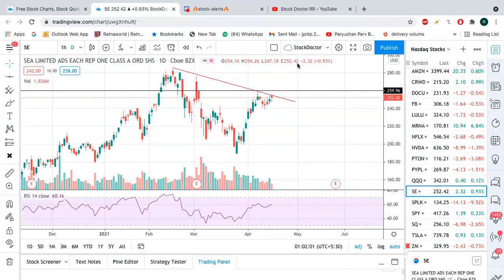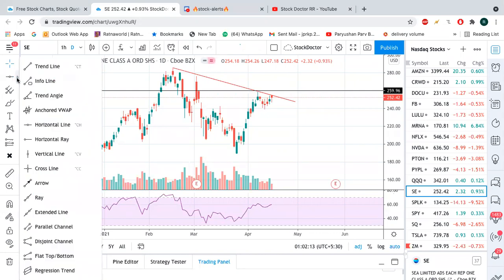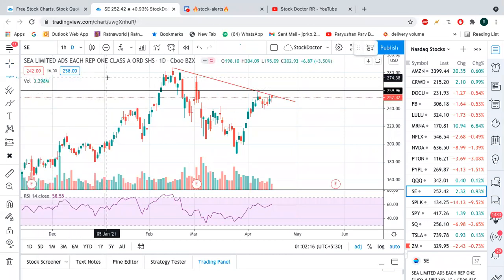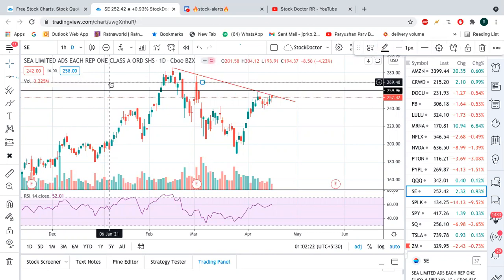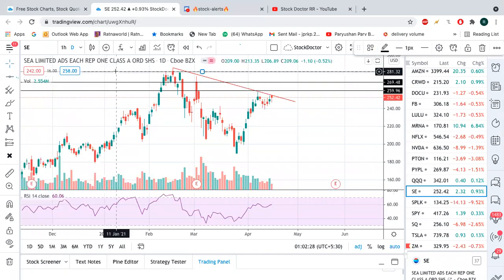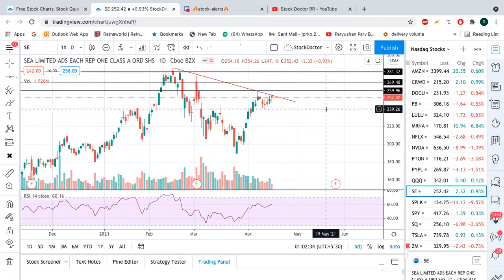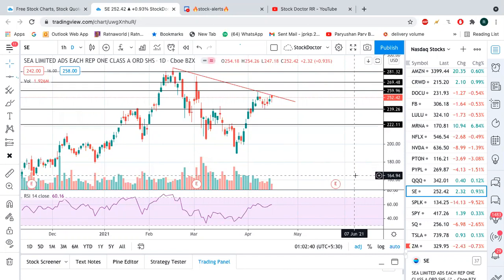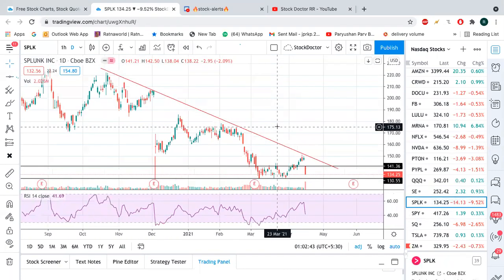So SE should start trading above 260 to show further upside, and the targets on the higher side should be around 269 and 281. On the downside, it can go towards 239 and 222.